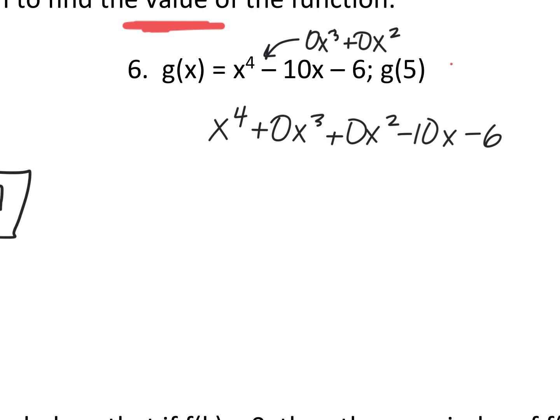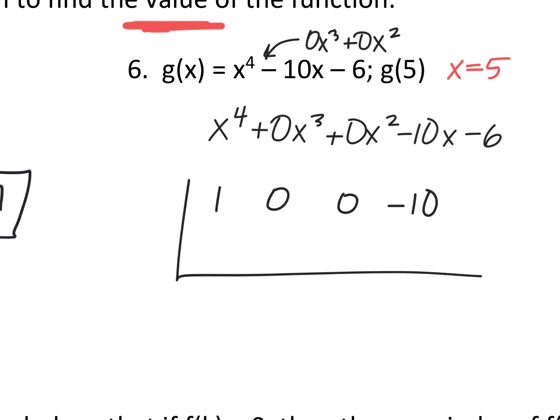And because I have g of 5, that tells me my x value should be 5. 1, 0, 0, 10. Okay, can you please try this and see if you can do it on your own from here? Number 6. Wow, wrong number.